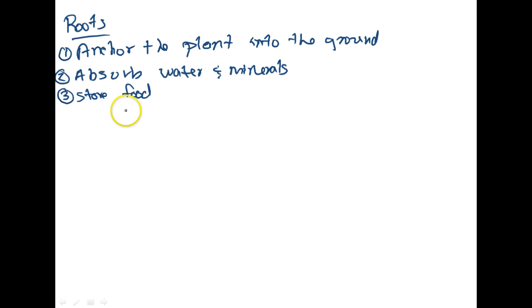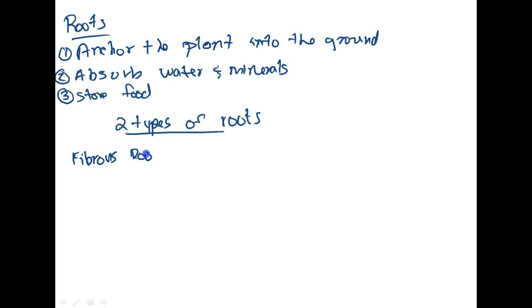And there are two types of roots. The first one we're going to look at is called the fibrous root system. And basically, these are messy.